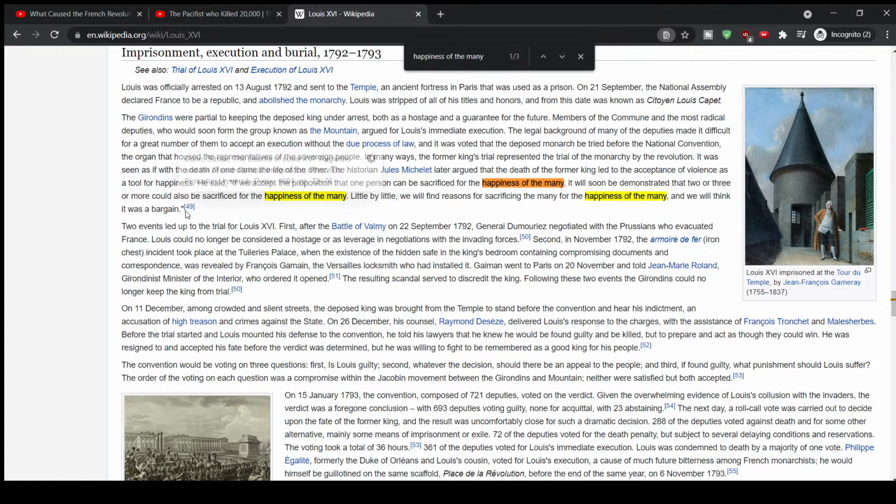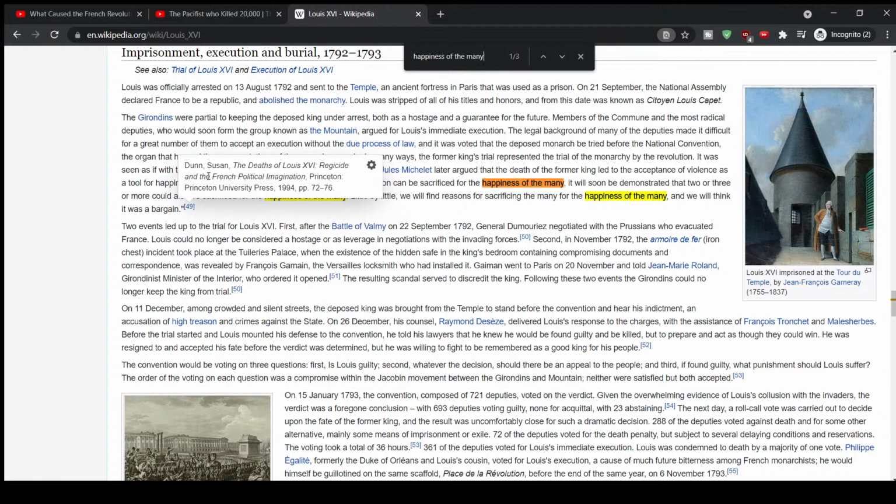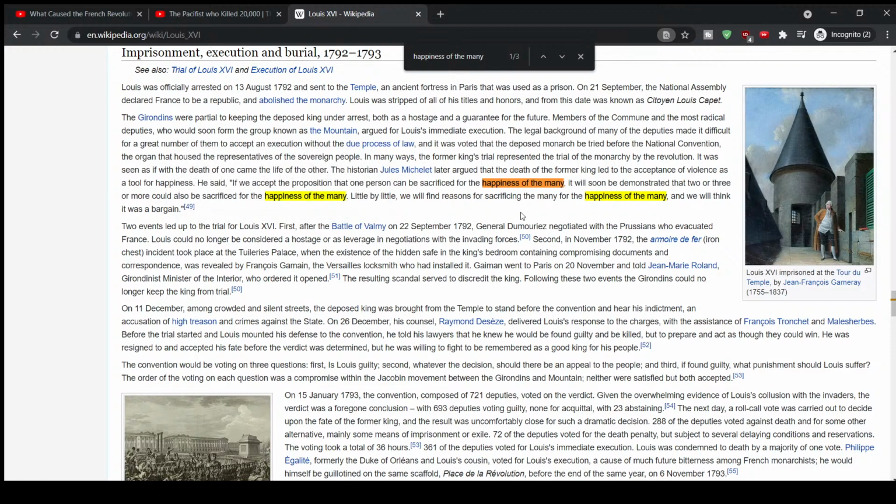The original quote here, getting pulled from Princeton University Press, is, "If we accept the proposition that 1 person can be sacrificed for the happiness of the many, it will soon be demonstrated that 2 or 3 or more could also be sacrificed for the happiness of the many." So that part I just kind of put into my own words a little bit, made it slightly shorter. I didn't want to spend too long on him just speaking, because time is money. Animation costs a bit to produce. But yeah, those are the last words there.